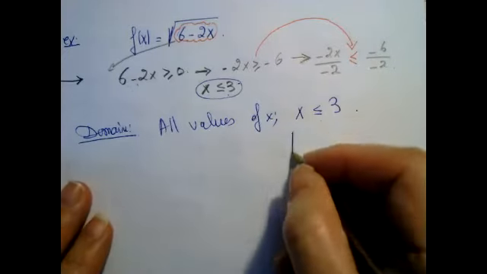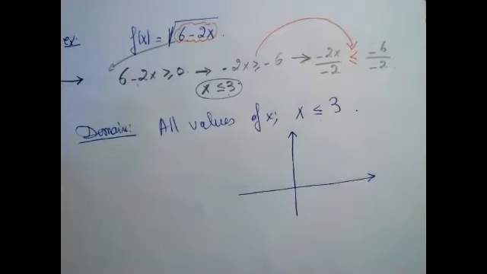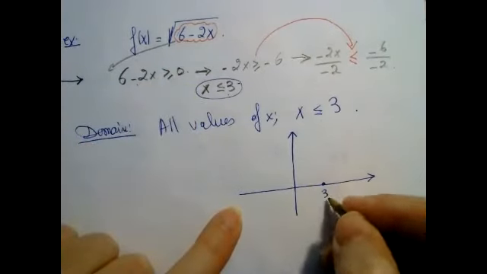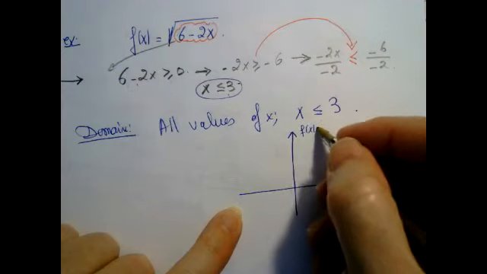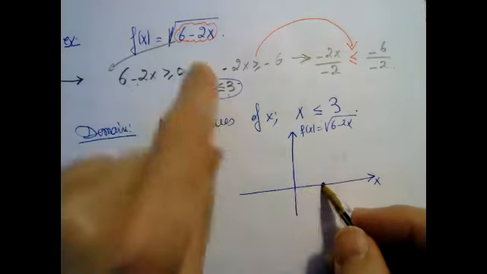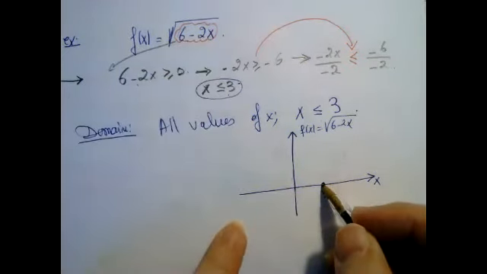Now, if we pick up our calculator and we try to graph this function, the picture will be like this. If x is 3, so this is my x, and this is my function. If x equal to 3, my output is 6 minus 6, which is 0.